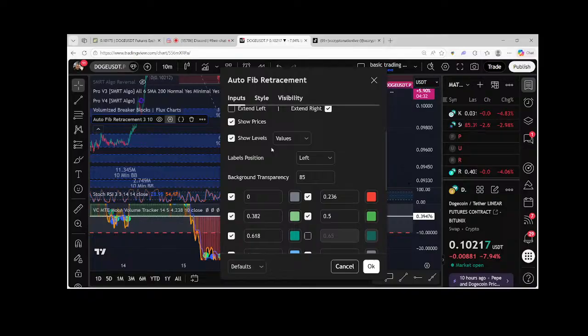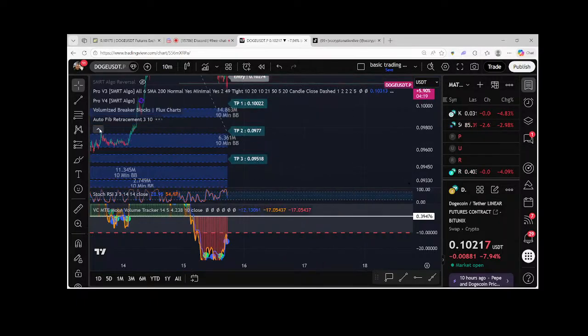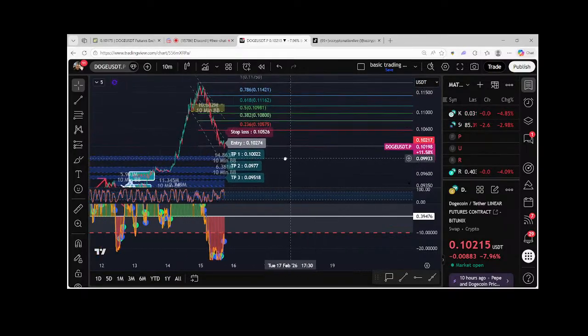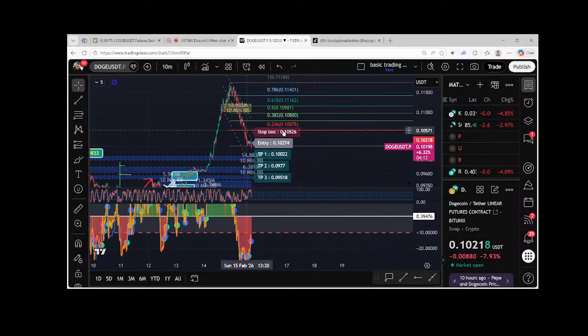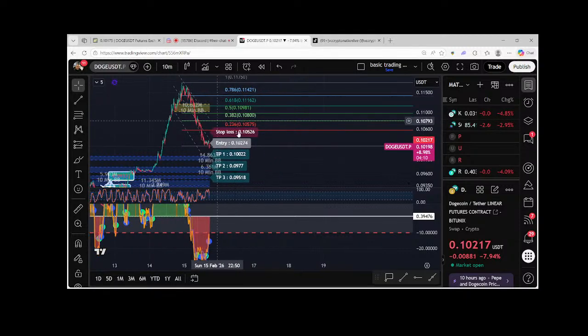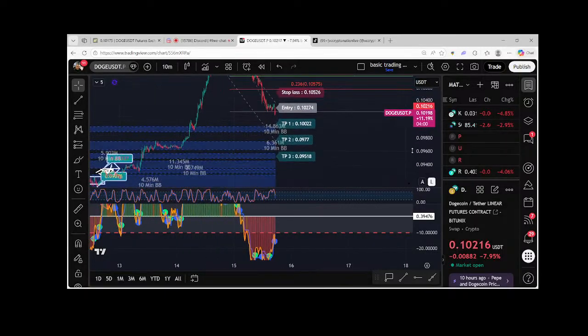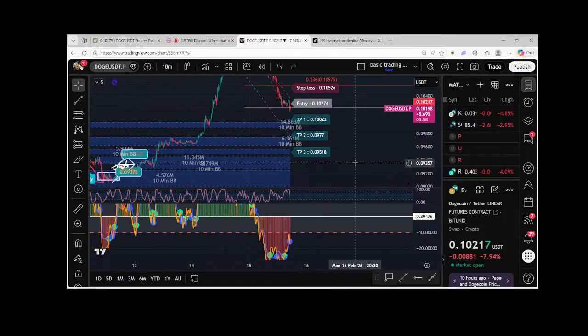I like to extend right, labels positions to the right, and transparency background 100, because I don't like to see lines. Okay. Now if I take a look at the Fibonacci's, you can see they're lining up with support and resistance. So blocks, Fibonacci's, and support and resistance always end up pretty much in the same scenario as being just support and resistance.